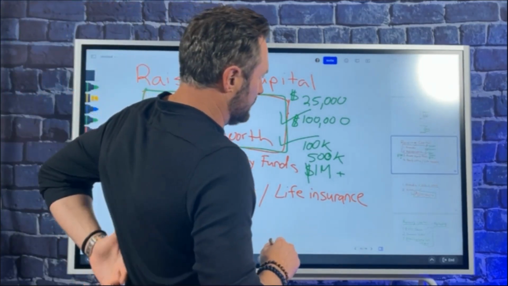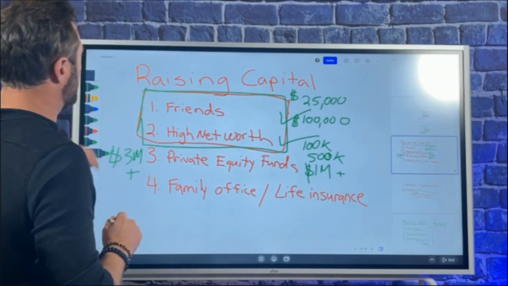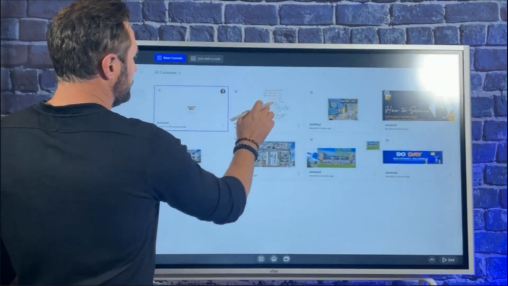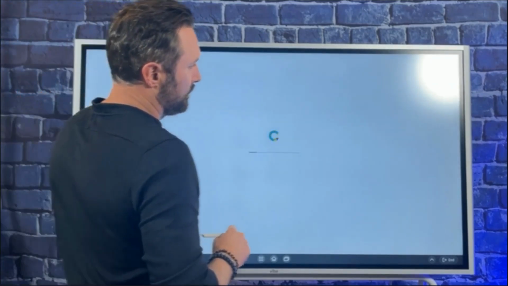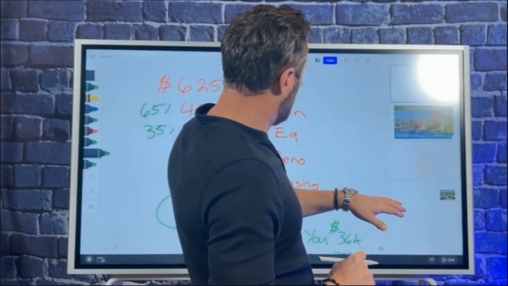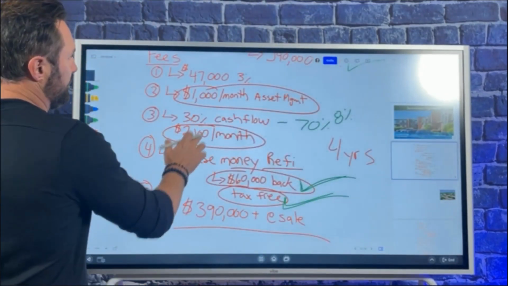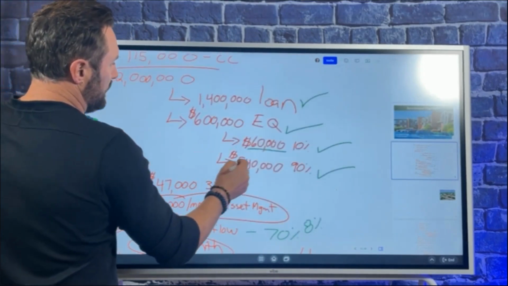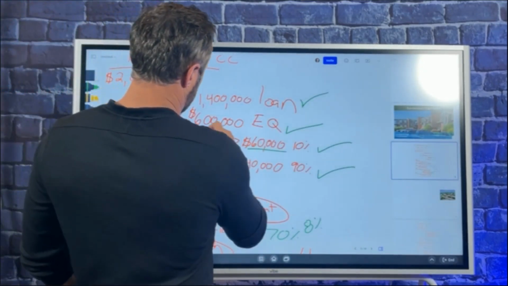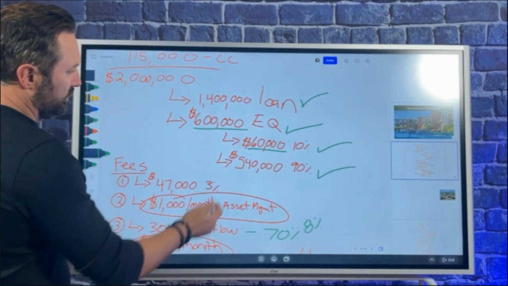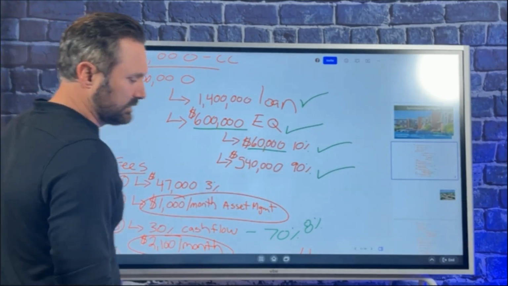Just, once again, to give you an example, going back to that deal in Kansas City, right? Perfect example. We raised 600 grand. 540 of it came from friends and family.